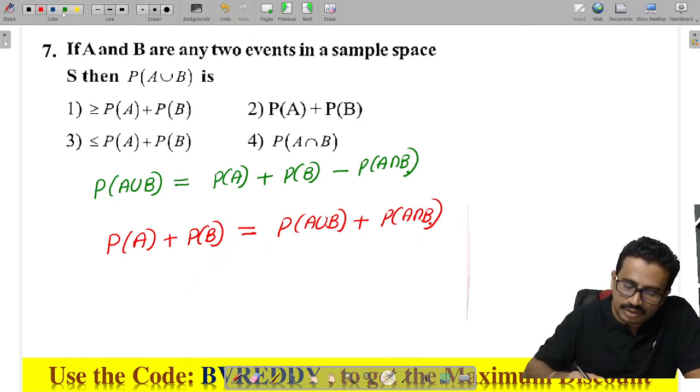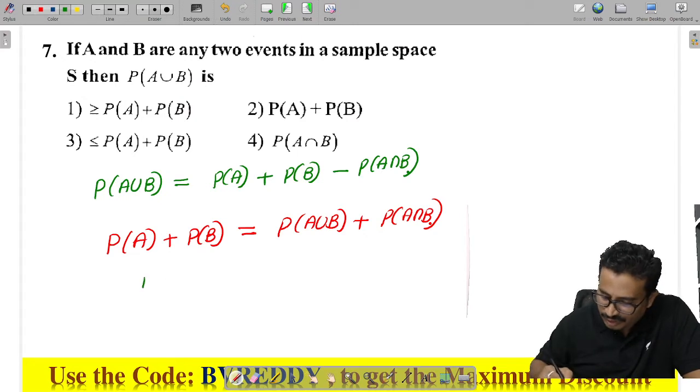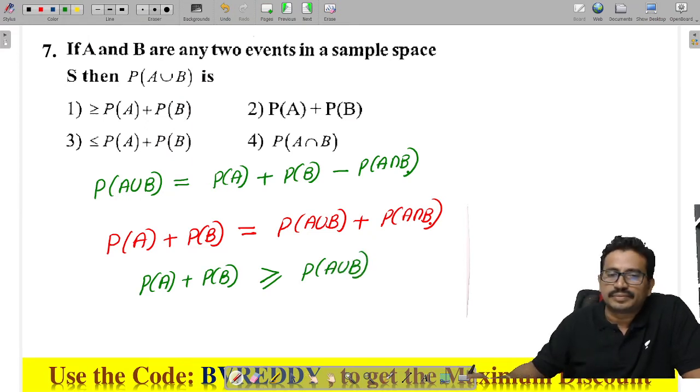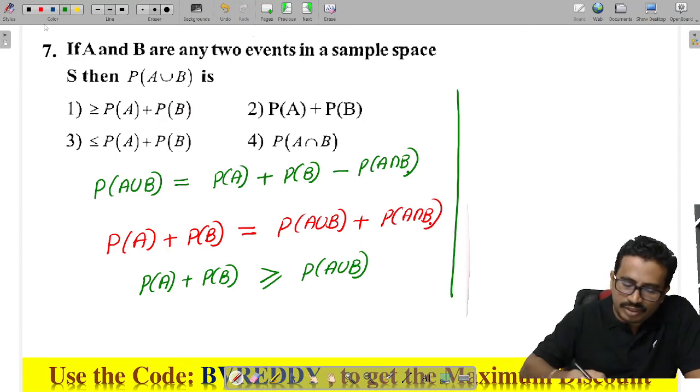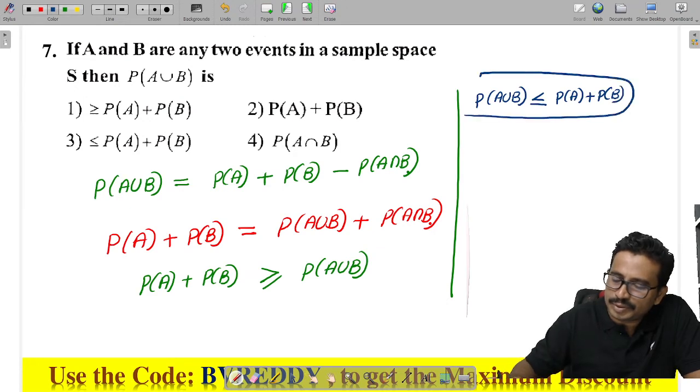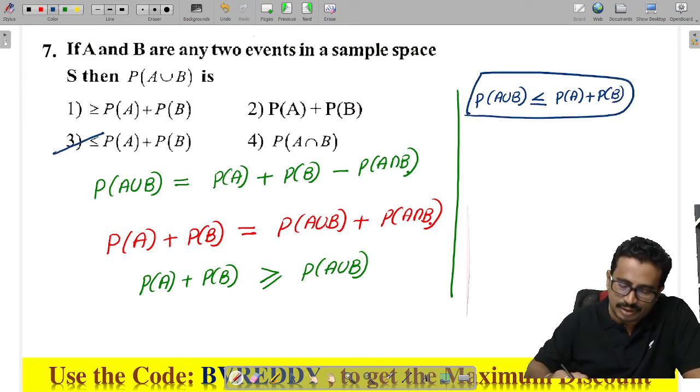So P of A plus P of B is greater than or equal to P of A union B. Finally I can conclude that P of A union B is less than or equal to P of A plus P of B. See the option here, the third one.